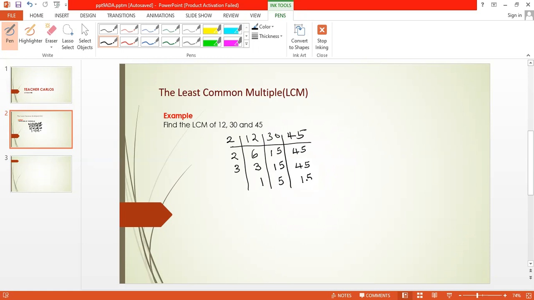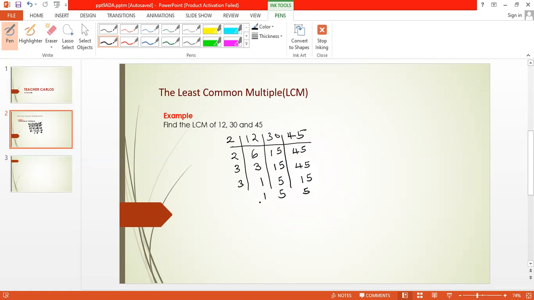Then 3 can go into 15 again, giving 5, and we have 5.